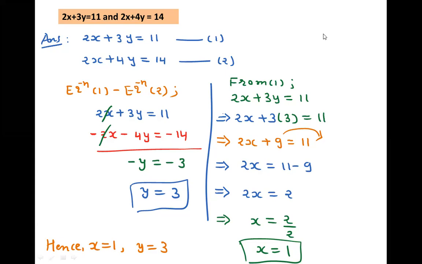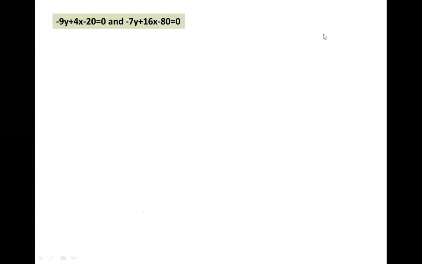This is question number three. So minus 9y, 4x, 20 is equal to 0, and so on. I like the x variable always in the first place, so I just change the equation.